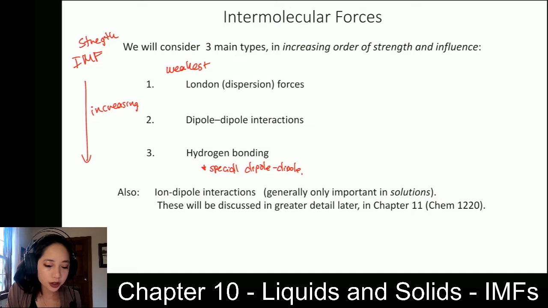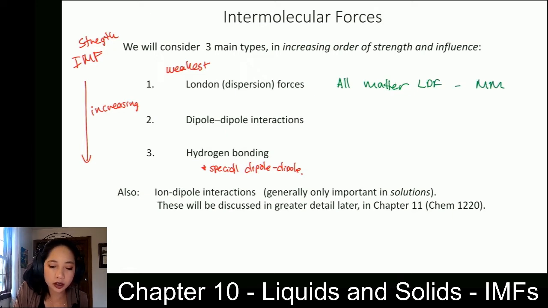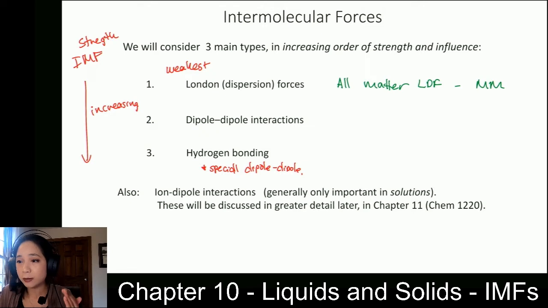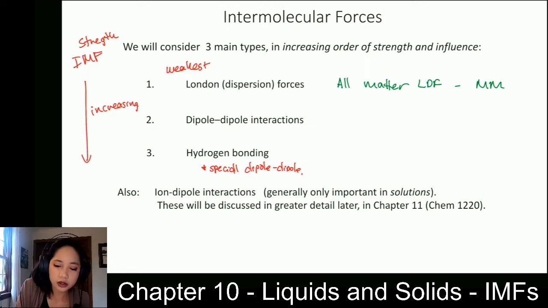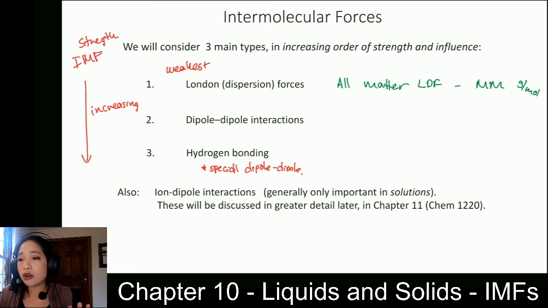So the first one, London dispersion forces: all matter has London dispersion forces. And it's based upon the molar mass of the sample. That's what gives rise to the magnitude of that particular intermolecular force. So whatever its weight is in grams per mole tells you how strong the London dispersion forces are in that sample.